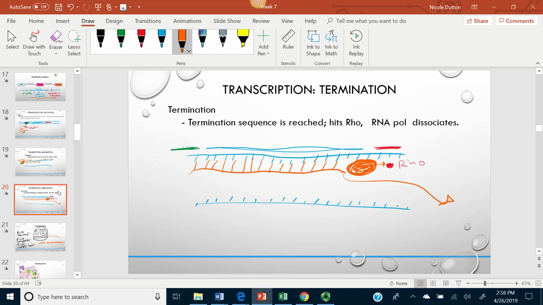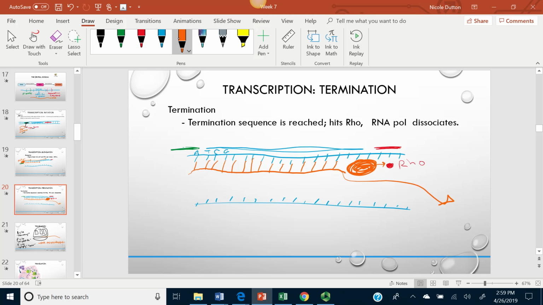If we go back to this picture for a minute, all of these lines represent bases. So the original sequence up here was a DNA sequence. So we had A, T, C, G. And when we went to make our messenger RNA, we made a complementary sequence.